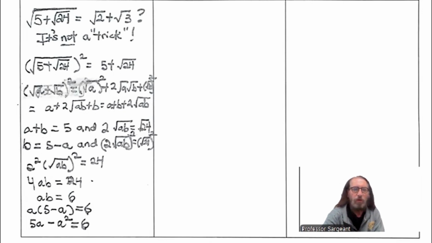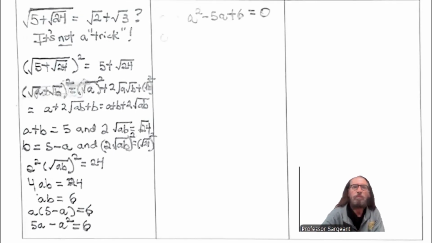Let's add a squared and subtract 5a from both sides so that we have a squared minus 5a plus 6 equals 0. I picked some nice numbers here to demonstrate what's going on, but this can be applied to more difficult examples as well. This one is factorable.